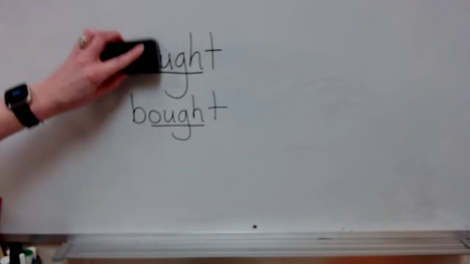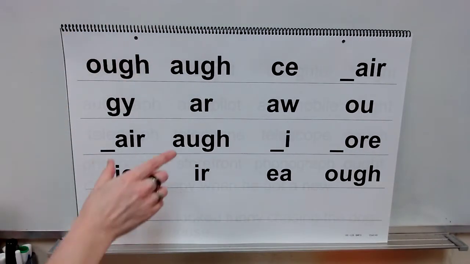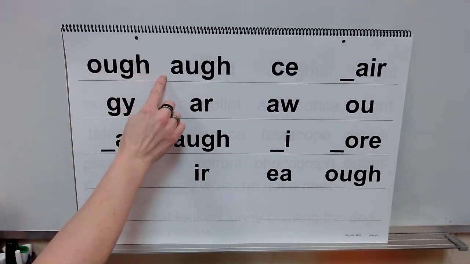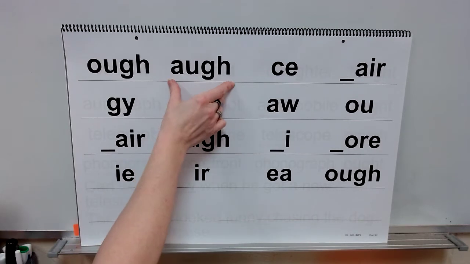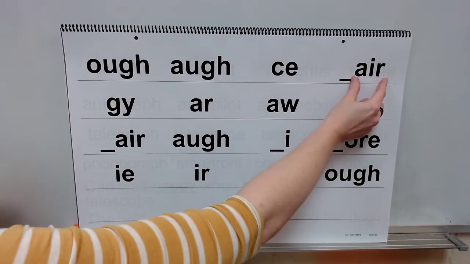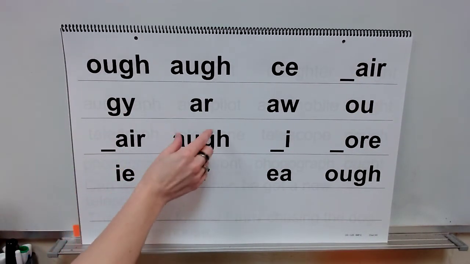Now, let's practice the sounds for some spellings. Get ready. Sound. Yes, ah. Sound. Yes, ah. In the presence of the E, what sound? Yes, s. Sound. Yes, air. With the Y here, sound. Yes, j.